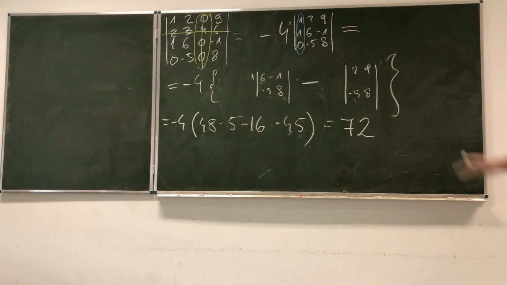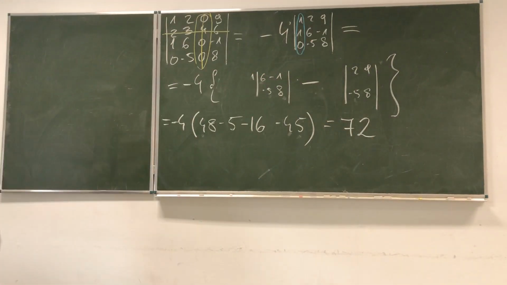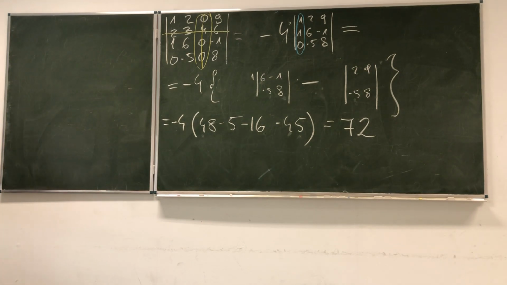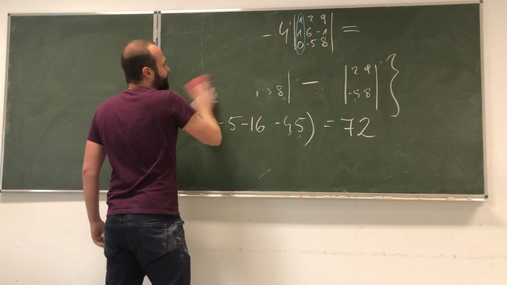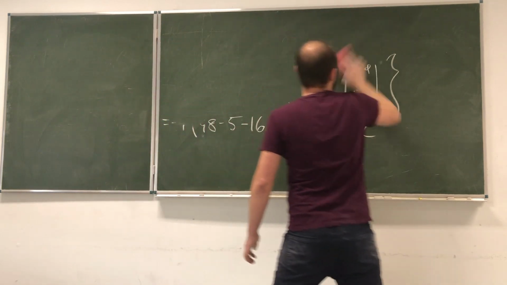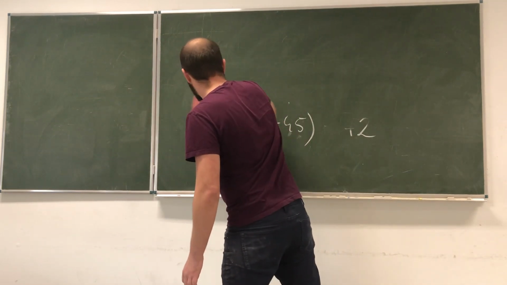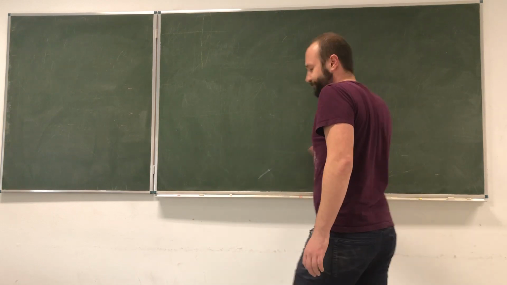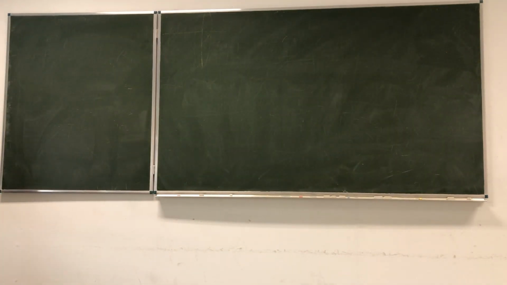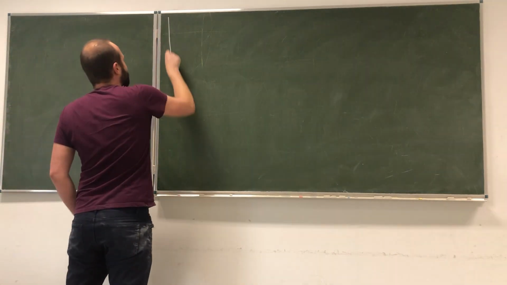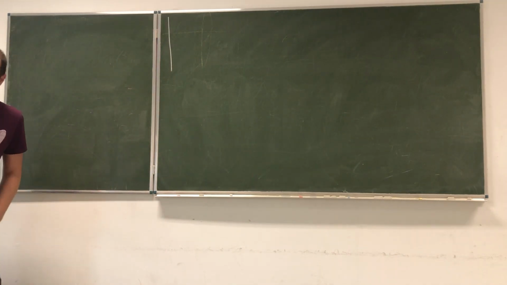Now that we've dealt with 3 by 3 and 4 by 4, this is definitely a time for a determinant of size 5 by 5. And look, this is the type of exercise you can expect on your final exam.